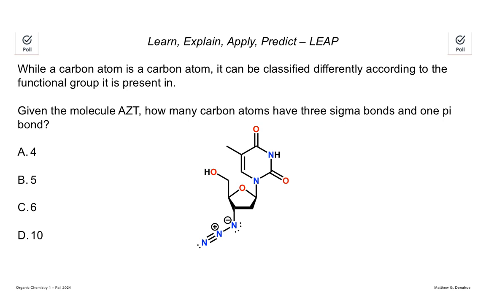There's 4. I'm just going to use a dot now instead of the highlighter. There's 1, 2, 3, and 4. So this would be A.